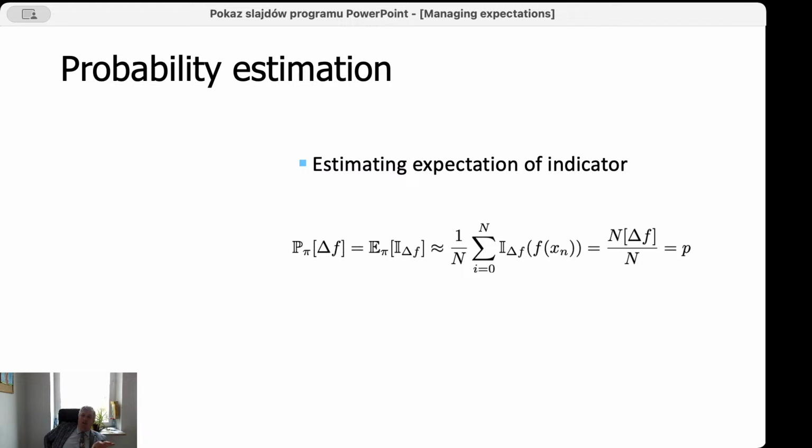So we generally need to count how many of the considered values are located in the set of interest, and then divide it by the whole number of samples. So we will easily get the probability estimate as such a quotient.